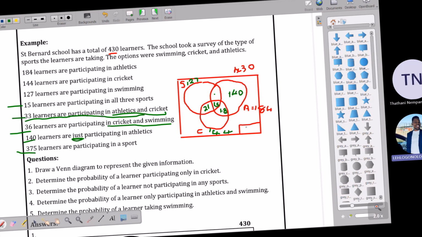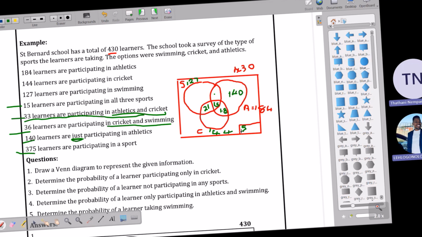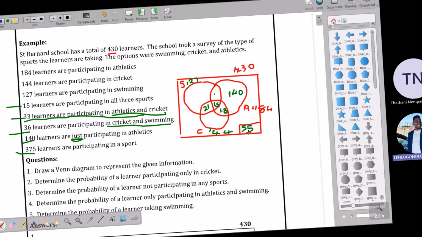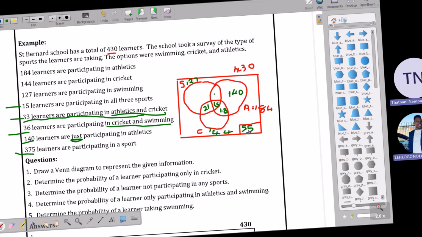How much on the calculator? Let's see. 430 minus 375. It gives us how much? 55. Yes. So which means 55 are not participating in any way. Are we clear? Yeah.